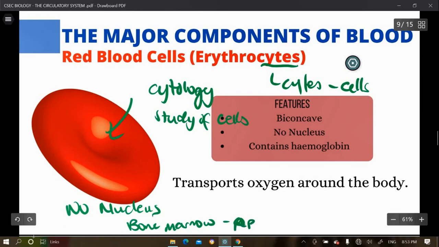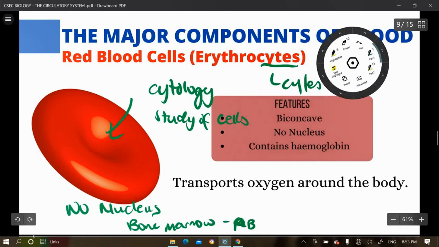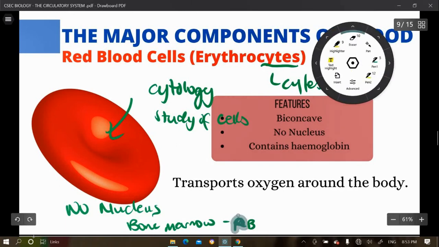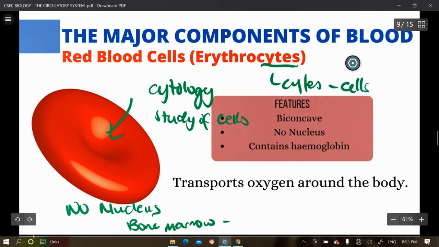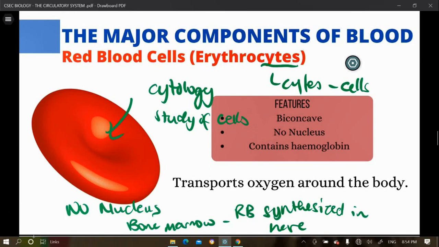Let's say RB, because RB is shorter than red blood cells. RB synthesized in here, because I already wrote bone marrow. So basically RB, red blood cells, are synthesized in the bone marrow.